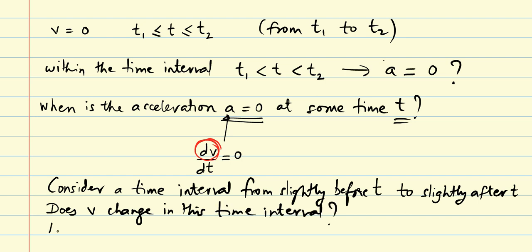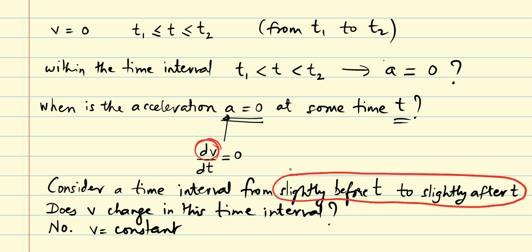And if the answer to this question is no, in other words, if v is a constant in the time interval which begins slightly before t and ends slightly after t, then our conclusion is that the acceleration is equal to 0 at time equal to t.